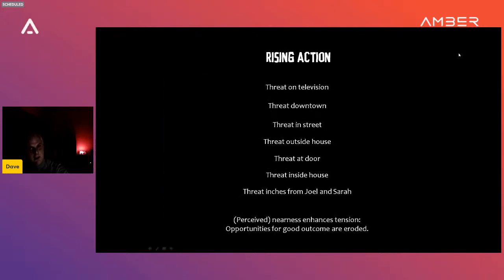And then it's outside the house, at the door, inside the house, and right there next to Joel and Sarah. So we're taking this concern, this threat, and we're propelling the player along this rising action. That tension is growing the closer we believe we are to the threat, or the closer we believe that threat is to us. Same thing, really.